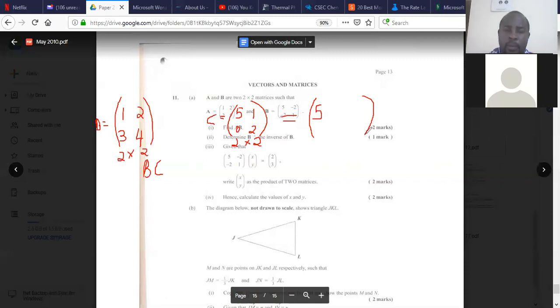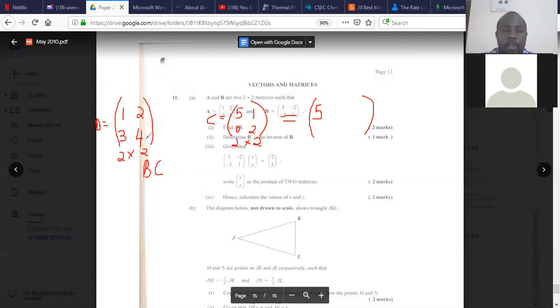It's supposed to be 2 by 1. What's the answer supposed to look like? 2 by 2.